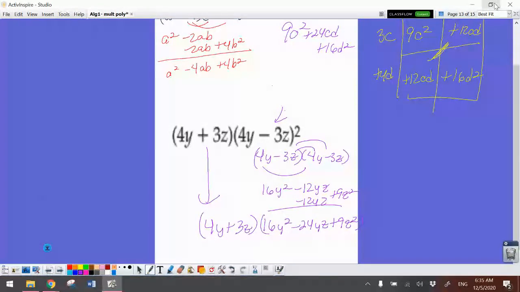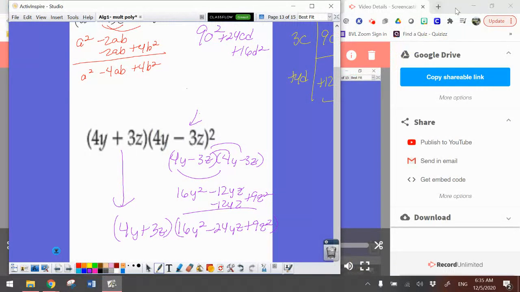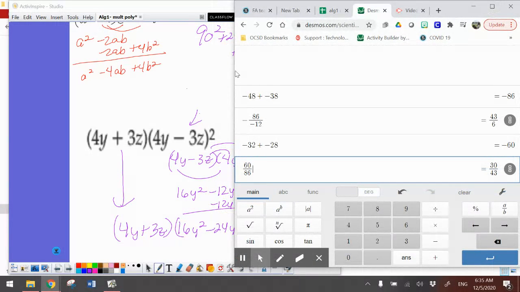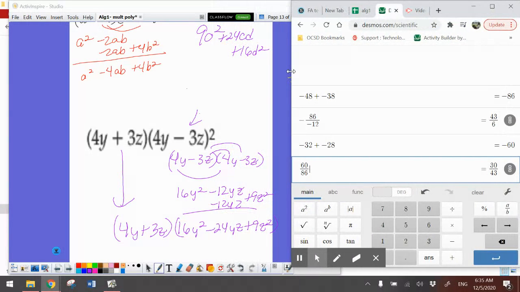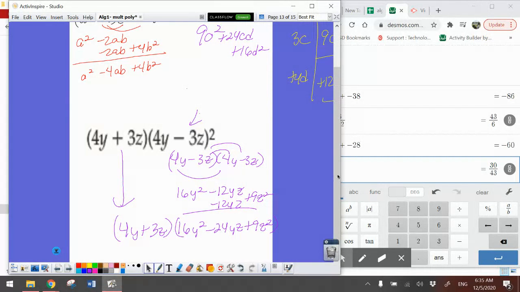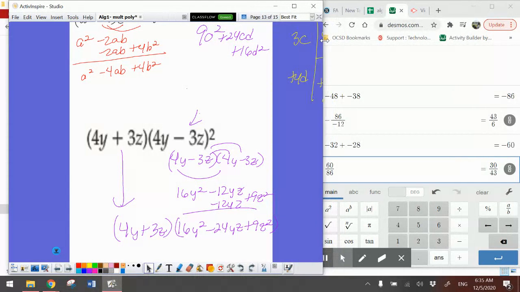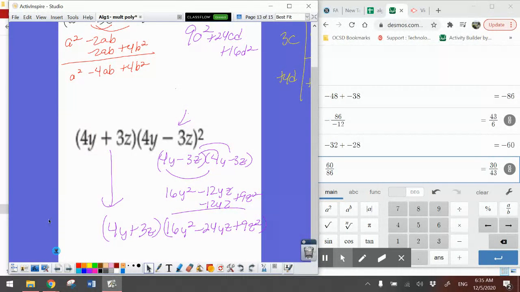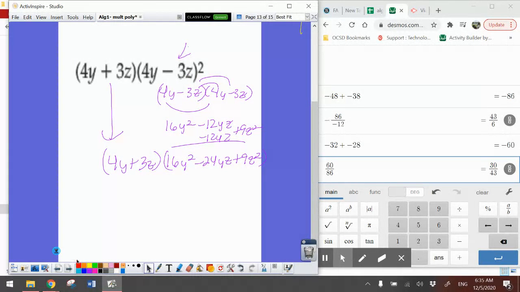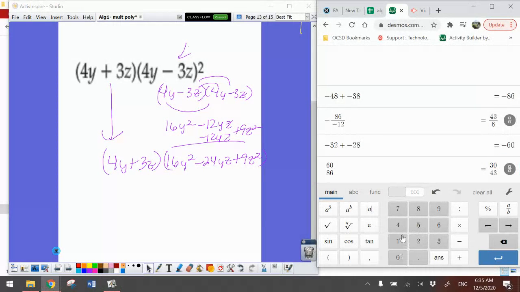That one drops. Okay, and to help us, I'm going to go ahead and open my calculator because maybe I don't know all my numbers here. And we're going to have to multiply some of these. All right, let's distribute again. So 4 times 16, maybe I don't know that one.